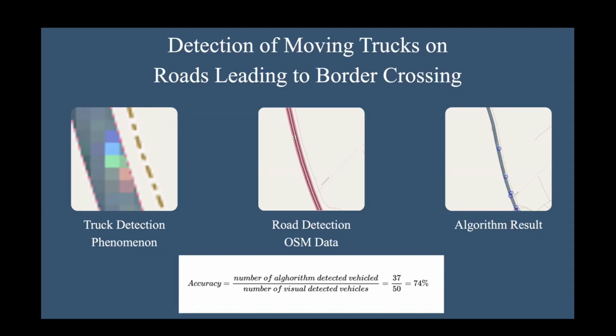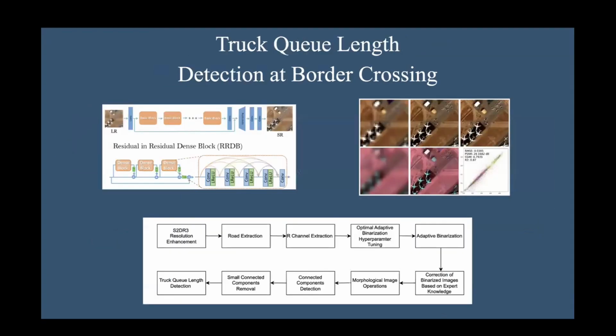So that's why we decided to not use this approach, but to use another approach which was based on detection of the queue length at border crossing. As we previously said, the resolution of the Sentinel-2 images is one of our biggest problems. So 1 pixel stands for 10 meters.